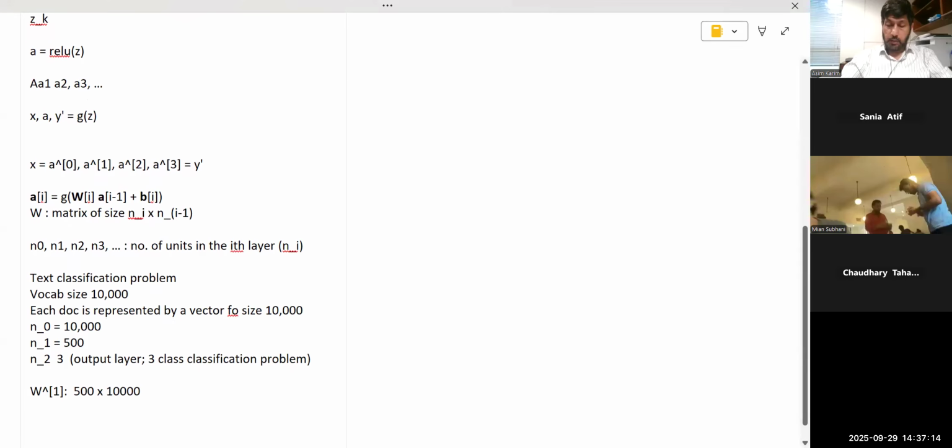ठीक है. Similarly, what would be B1? B1 would be 500. ठीक है.